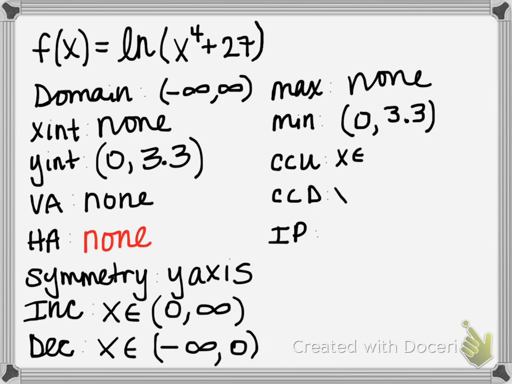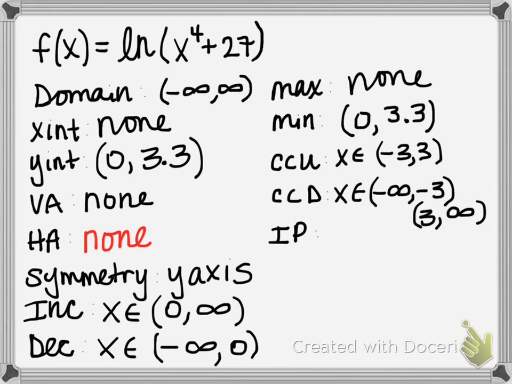Let me go back. We're concave down from -infinity to -3. Then the graph goes to concave up from -3 to +3. And then we're concave down again from 3 to infinity. So there's actually 2 intervals where the graph is concave down. So our inflection points occurred at -3 and at +3.